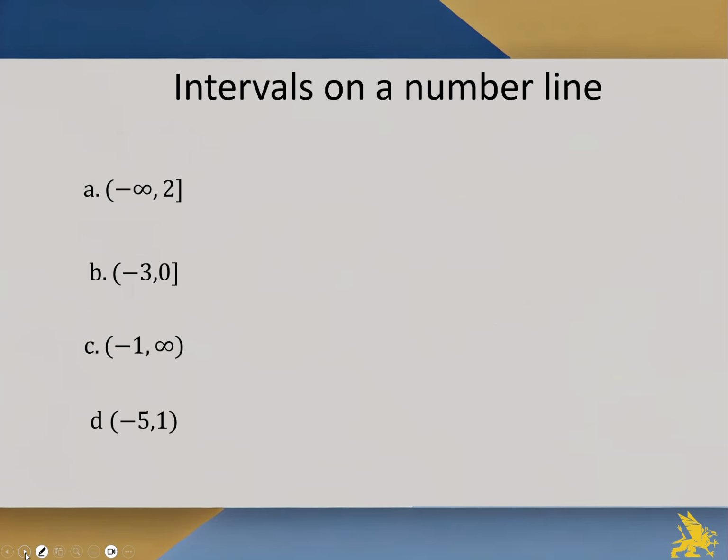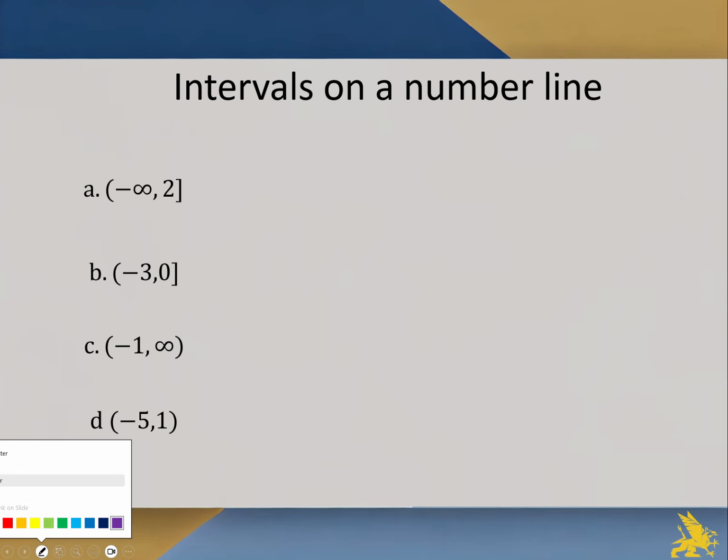So let's look at some examples. When we have done inequalities before, we have graphed them on a number line. So I'm going to do the same here. If I've got negative infinity to 2, we need to think about what those brackets mean.